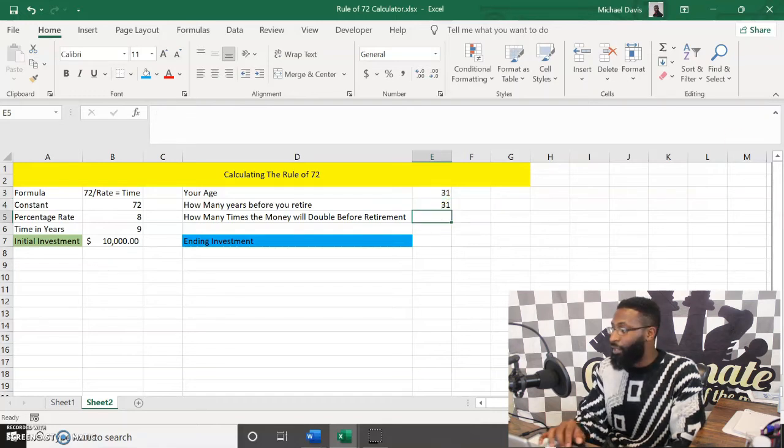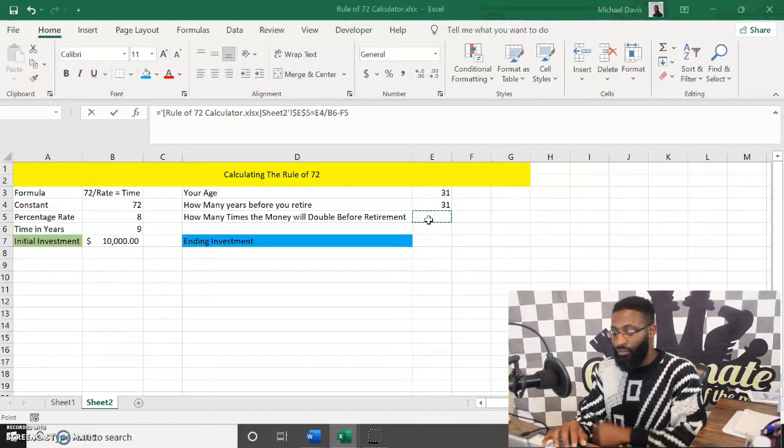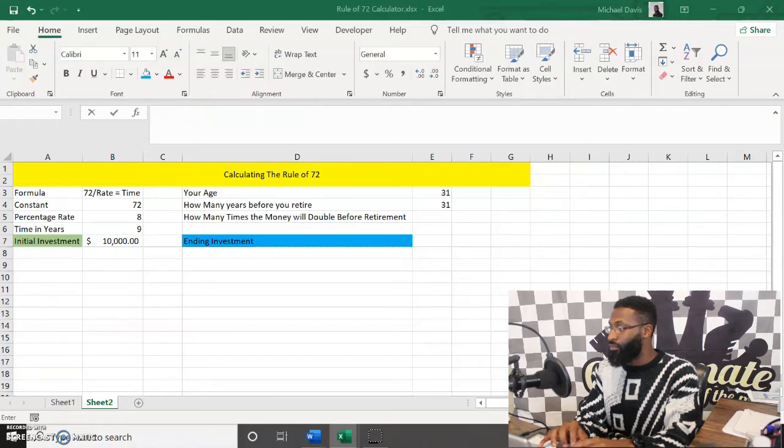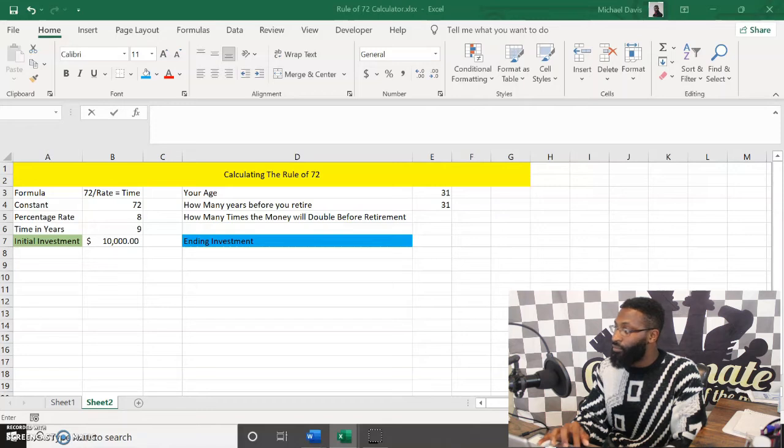Now, how many times will the money double before retirement? Well, that is going to equal, give me one moment.